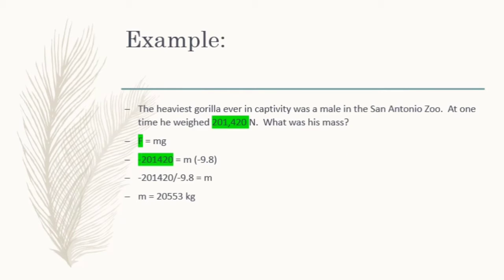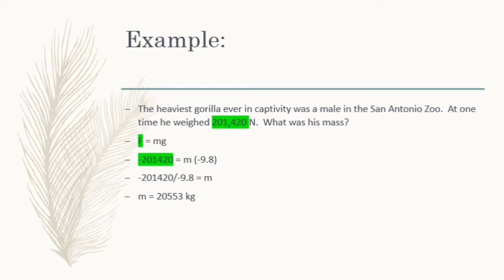Here's an example. The heaviest gorilla ever in captivity was a male in the San Antonio Zoo. At one time, he weighed 201,420 newtons. What was his mass? So they gave us F, which is 201,420, and they don't have to give us g because we're assuming we're on Earth. Well, we're obviously on Earth because San Antonio is on planet Earth.